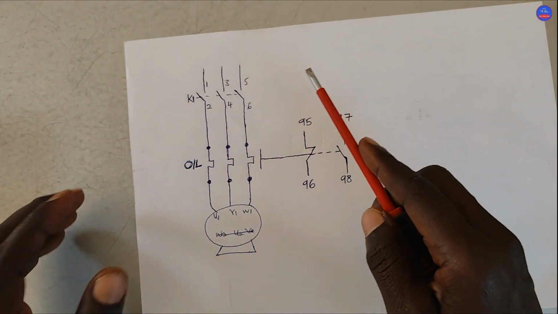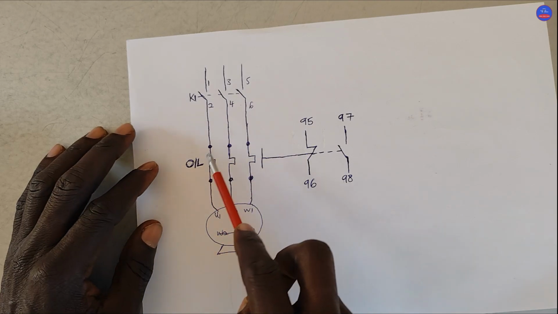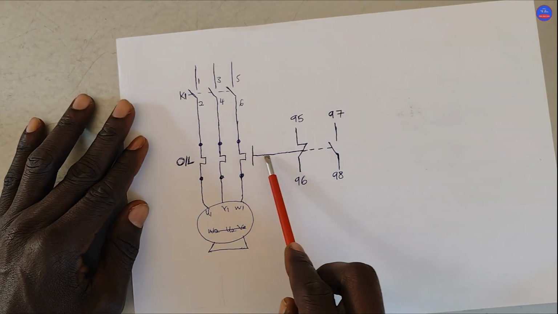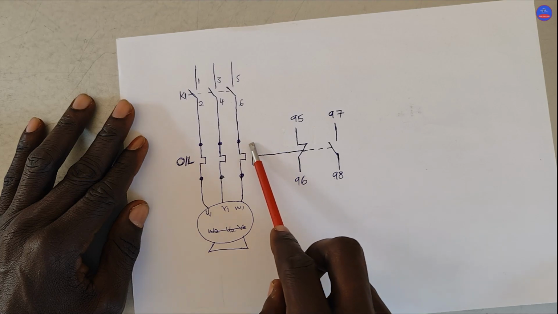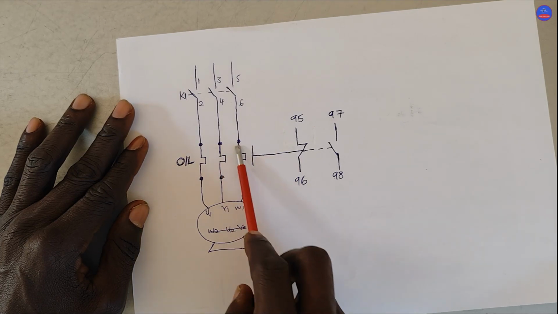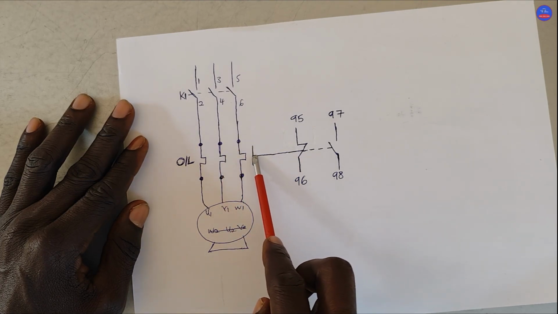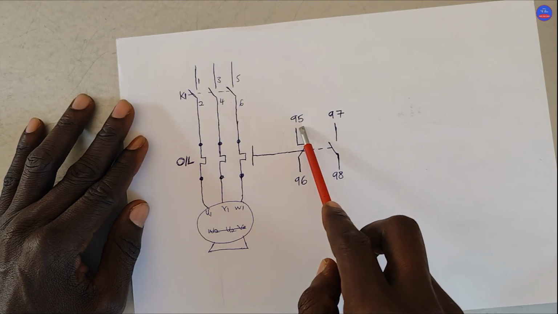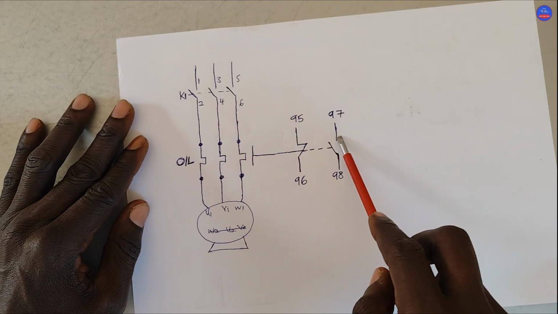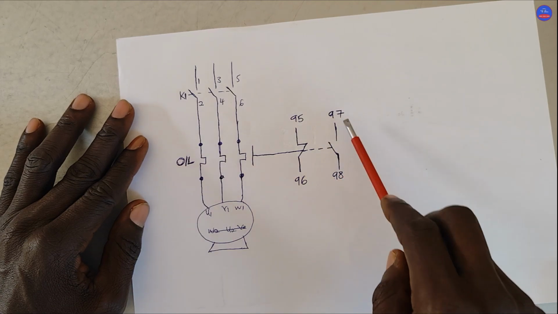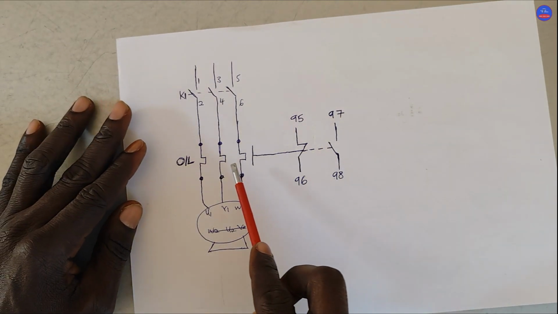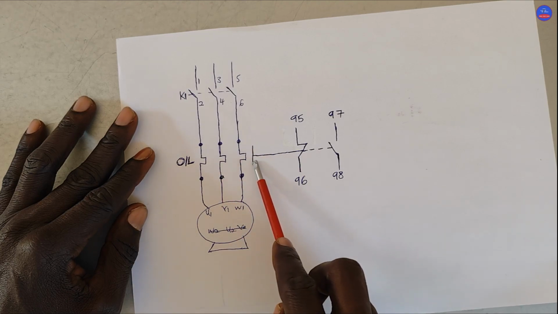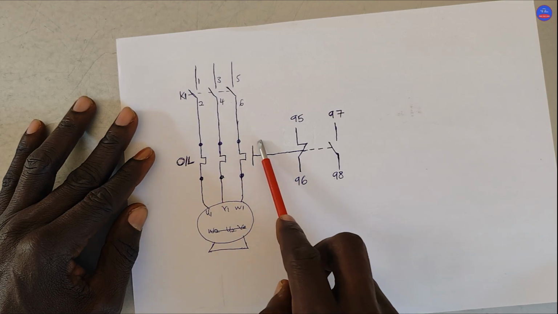Now, we are going to see what actually happens when they get heated. This is a bimetallic strip. This bimetallic strip is placed beside the heaters, and it is connected to the normally closed contact, the 95-96. At the same time, there is the normally open contact, that is 97-98. When these bars get heated, because this is a bimetallic strip, it affects this one.